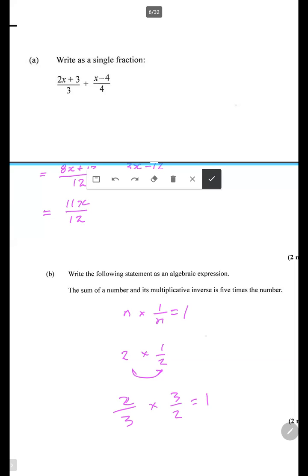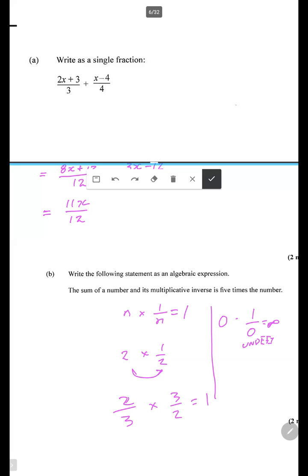Now, 0 has no multiplicative inverse, because if you try to put 1 over 0 as a multiplicative inverse, 1 over 0 is undefined, meaning it is undefined.